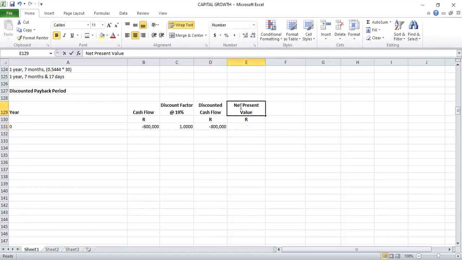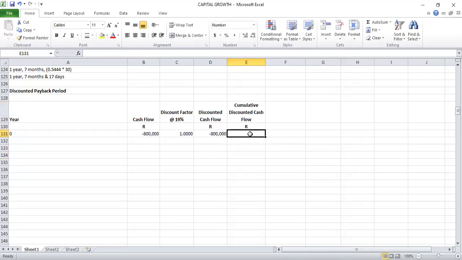So not net present value here, it's a cumulative discounted cash flow. So that would be negative 800,000.